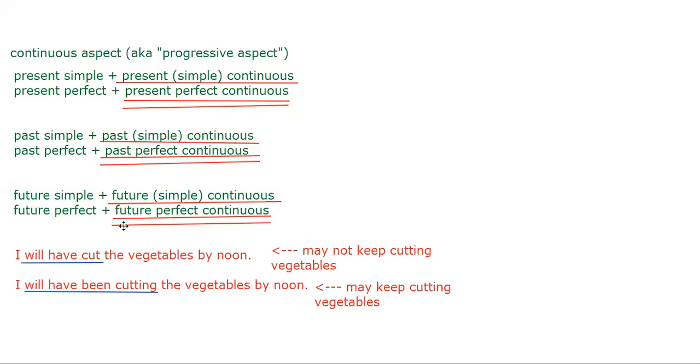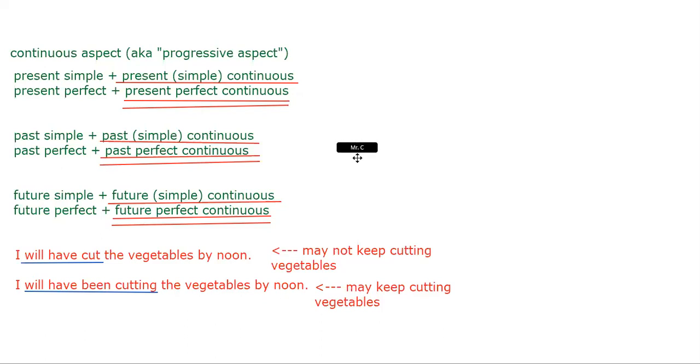It's no different from the other examples before. It's really the same thing, but here you have a future tense instead of a past or present tense. So when you use the perfect continuous in any of these tenses, present, past, and future, you're implying that the action might still keep going, or might have still kept going if it's in the past. Whereas the future perfect is like, okay, I have an action here, but I might not keep doing it.